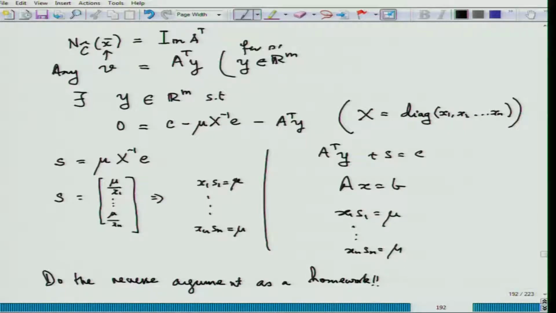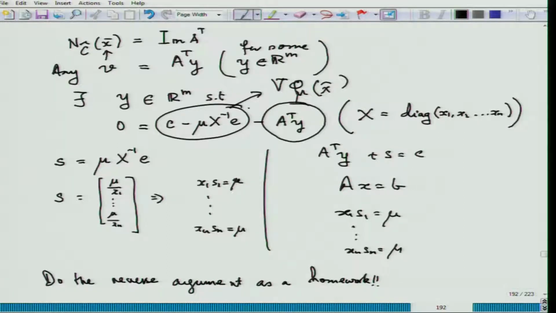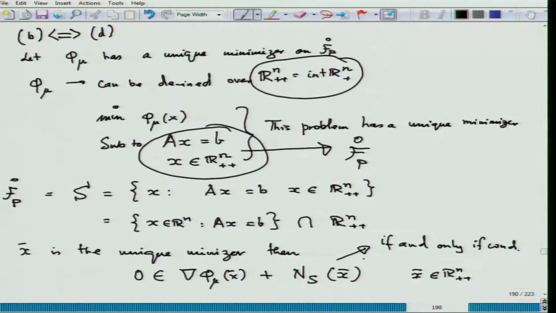So for whatever v you choose here, give me a v, there would be a y in Rm such that v is equal to A transpose y. So there exists a y in Rm such that this holds, because this is nothing but the grad of phi mu at x bar, and this is finally the normal cone element which is of the form A transpose mu.